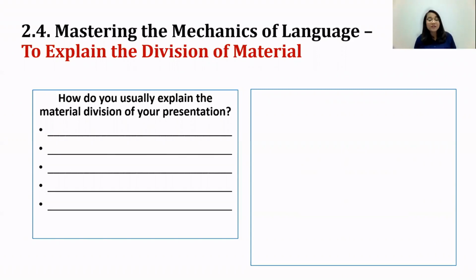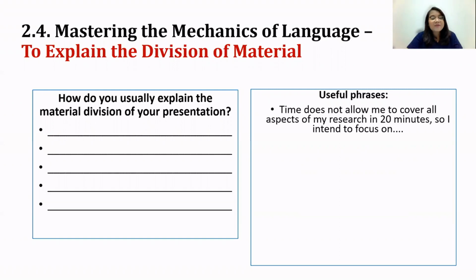Okay, now I will reveal to you the useful phrases that we can use to explain the division of material of our presentation. Repeat after me. Time does not allow me to cover all aspects of my research in 20 minutes, so I intend to focus on. Yes.